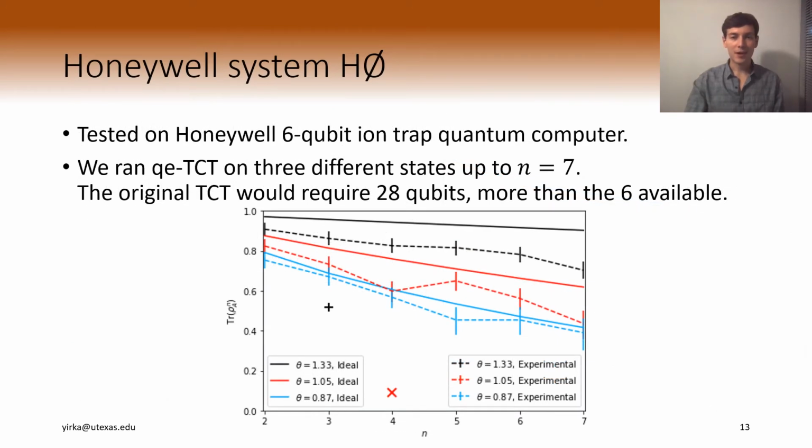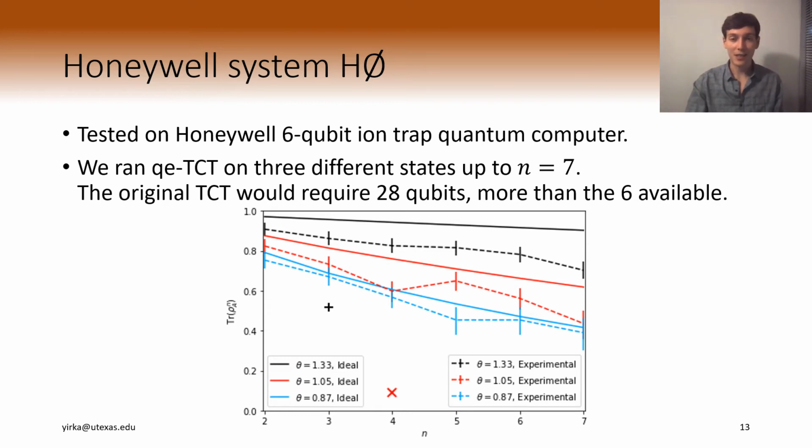We also tested our qubit-efficient algorithms on Honeywell's 6-qubit ion trap quantum computer. We ran the qubit-efficient TCT with 3 different states of varying entanglement on n=2 up to n=7. It's notable that the original TCT would have required 28 qubits to accomplish this, more than the 6 qubits available.